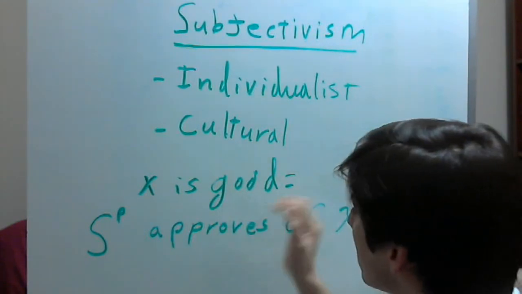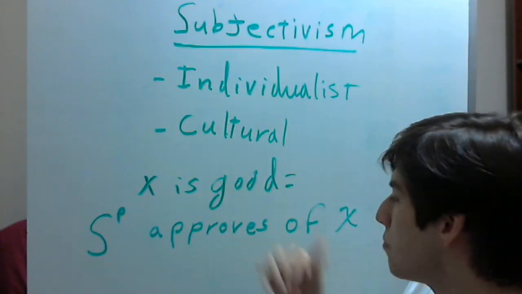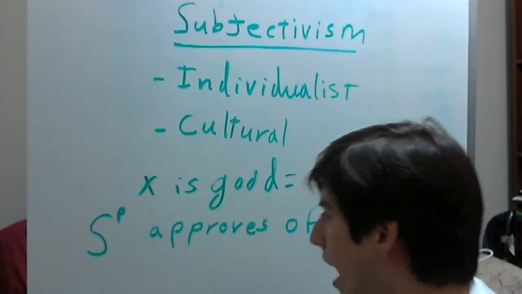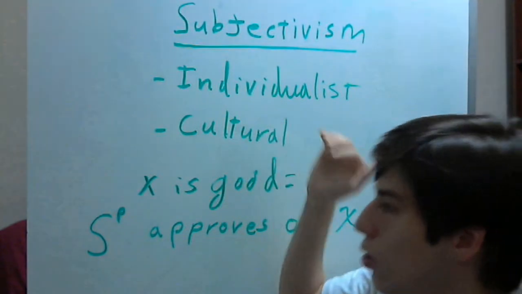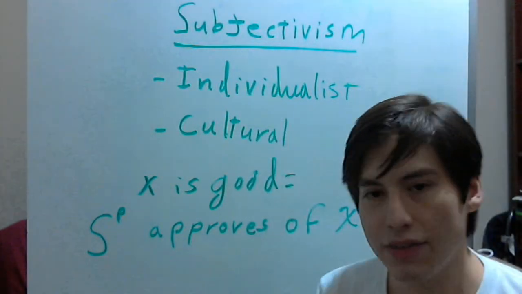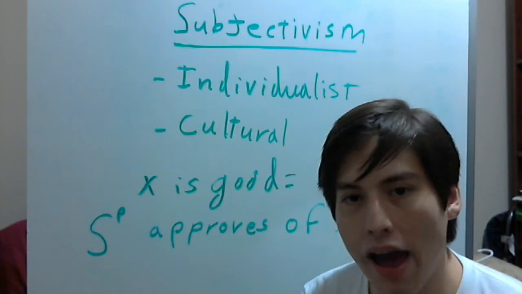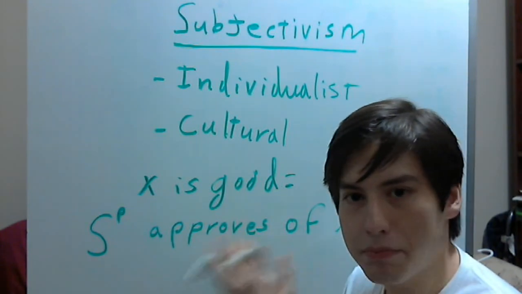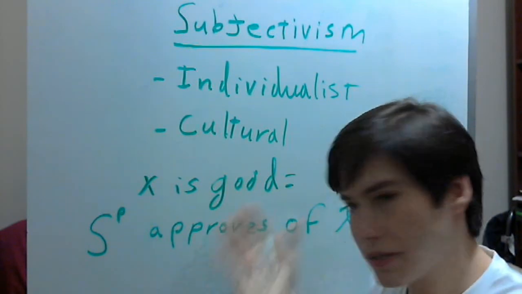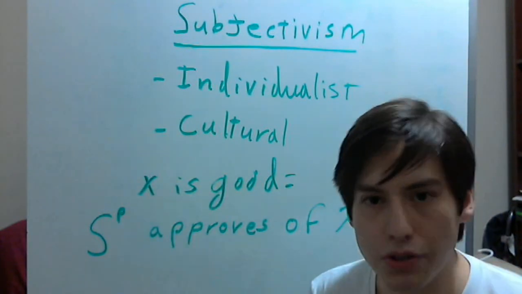Anyway, the final nail in the coffin that Hume tries to put out for this is, how do individualist subjectivists or cultural subjectivists even explain how something got to be approved of? How did anything ever get to be believed to be good by a particular society or a particular individual?